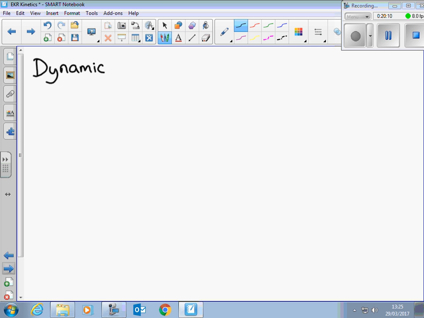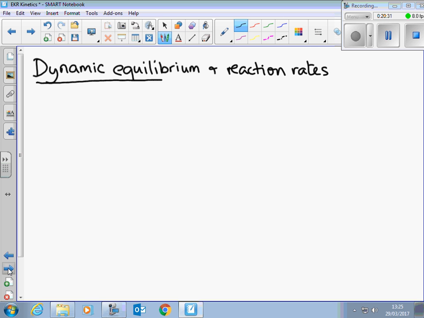So dynamic equilibria, and we want to refer to reaction rates, because we're doing it in this section, and the idea of reaction rates hopefully will help us see what's going on.